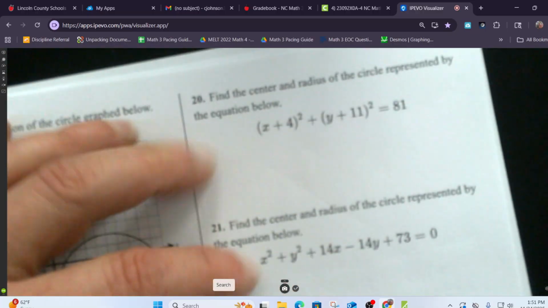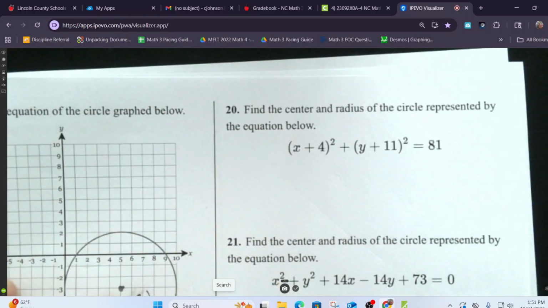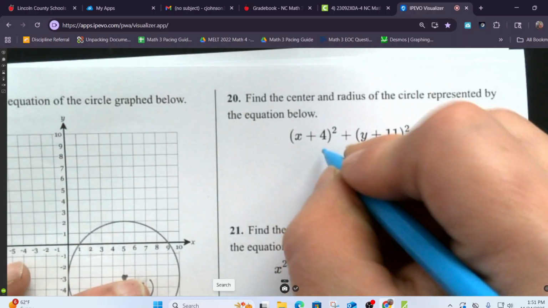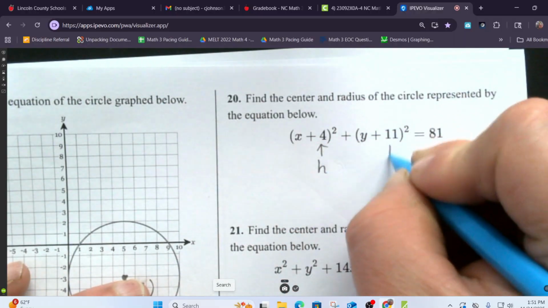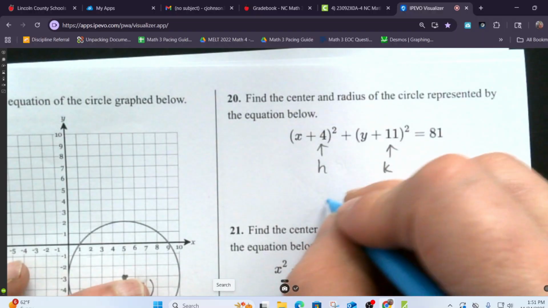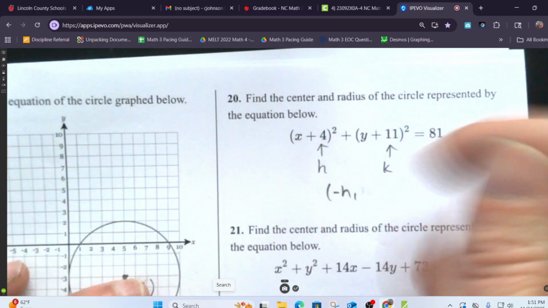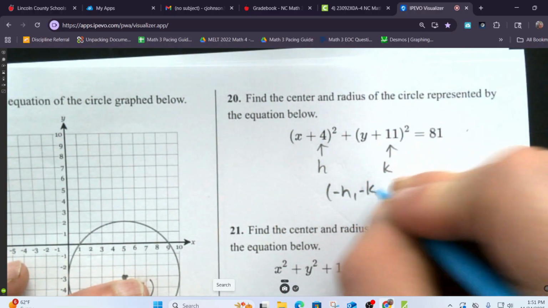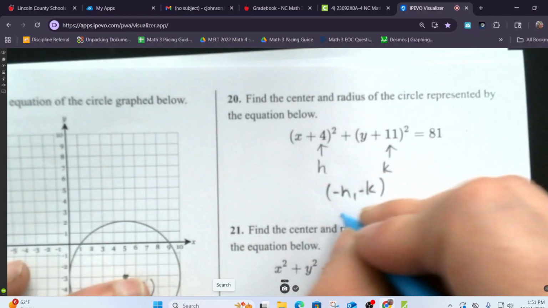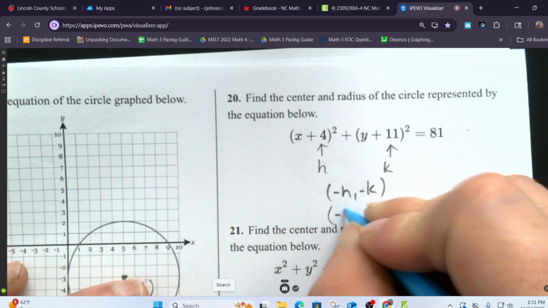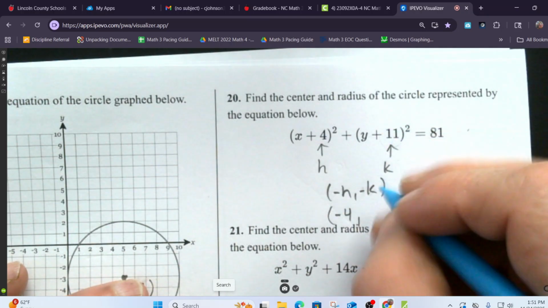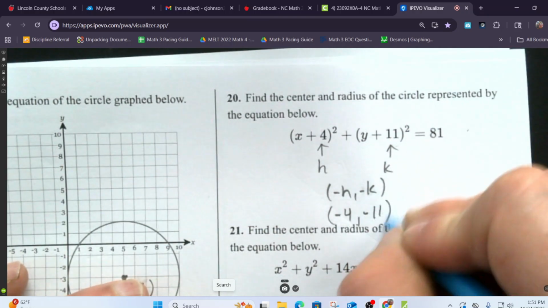All right, find the center and the radius of the circle represented by the equation below. We know that's my h value, that's my k value, and your center is the opposite of h, opposite of k. So if my h is positive 4, it's going to be negative 4. If my k is positive 11, it's negative 11.